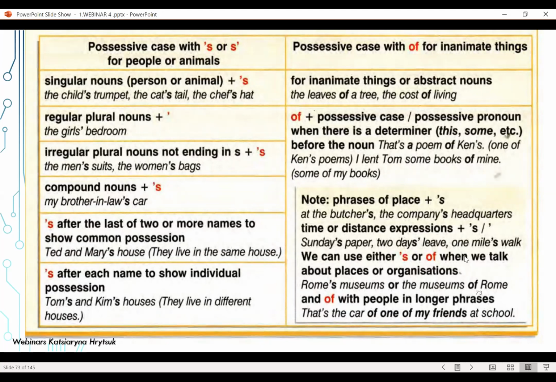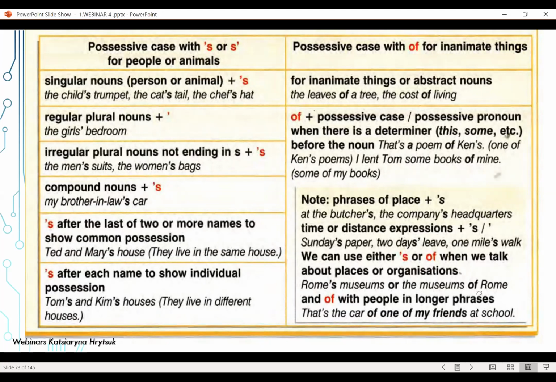Rome's museums or the museums of Rome, you can use both of these expressions. And we also use "of" with people in longer phrases. If you have a lot of possession in the sentence, don't make people confused, okay? Use "of". That's the car of one of my friends at school. You can say it like this.